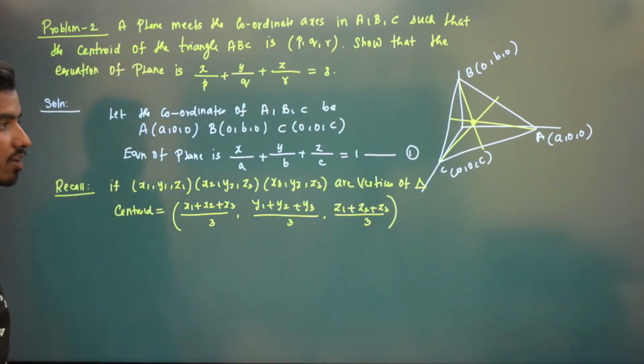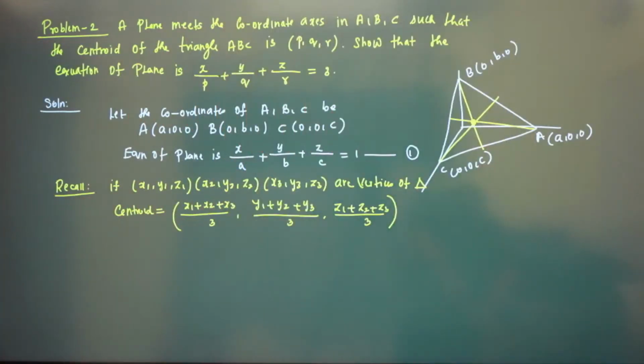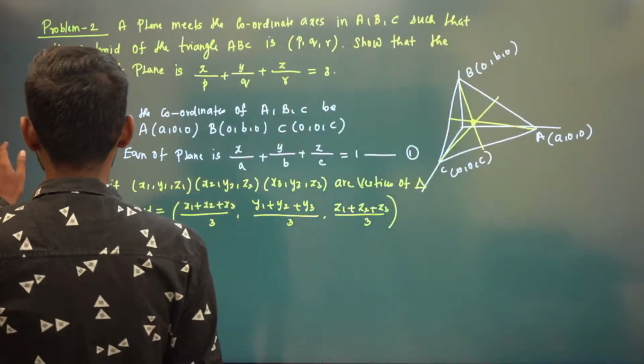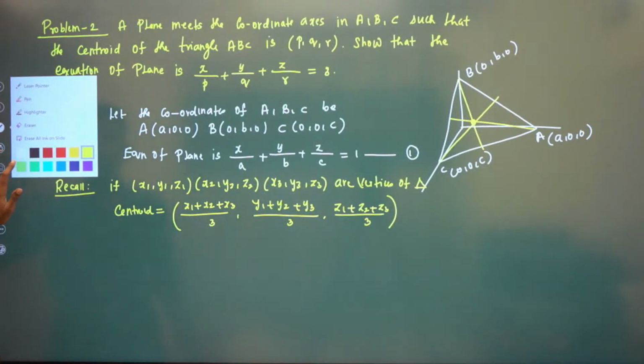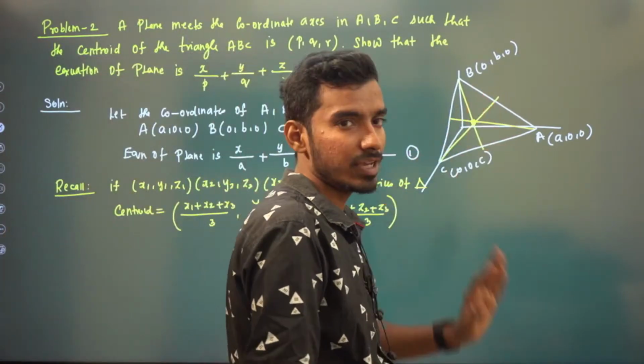This is the basic formula for the centroid. Now, what about the centroid of ABC?